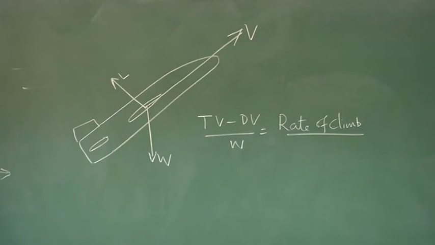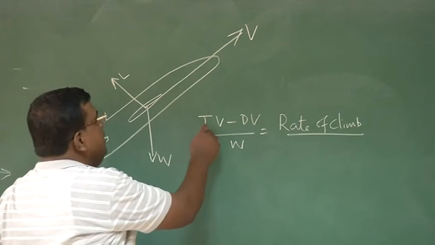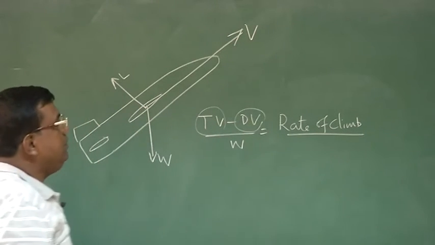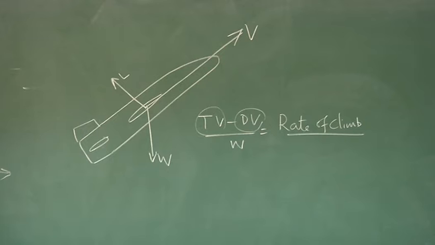This TV minus DV is nothing but the excess power, right? What is TV? T is the thrust available into V, so power available. And what is DV? DV is the power required to overcome the drag, right?